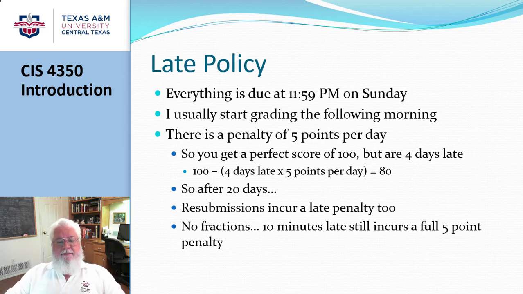So let's say, for example, you get a perfect score of a 100, but you're 4 days late. So that's 100 minus 4 days times 5 points a day means you get an 80. Now, if you're pretty good at math, what happens if you're 20 days late? Well, 20 times 5 is 100, so you're not going to get any score at all.